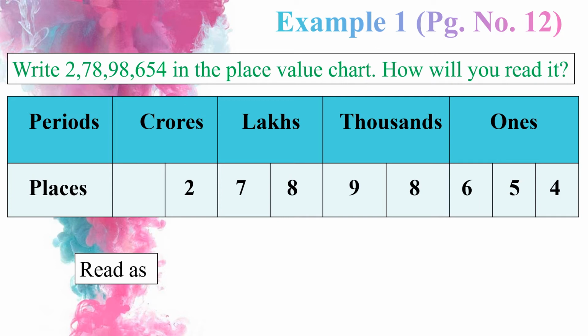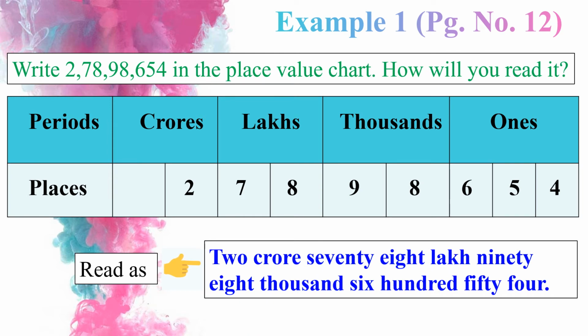Therefore, we need to read it as 98,000. Under ones we have 654. Therefore, we need to read it as 654. While reading, we read it as 2 crore 78 lakh 98,654.